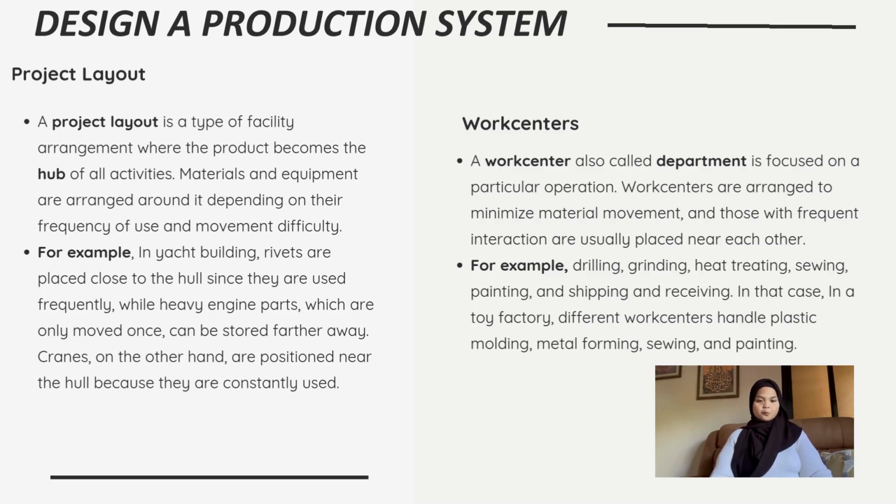Example, in a yacht building, rivets are close to the hull since they are used frequently, while heavy engine parts, which are only moved once, can be stored farther away. Cranes, on the other hand, are positioned near the hull because they are consistently used. Sa madaling salita, sa project layout, everything revolves around the product mismo.